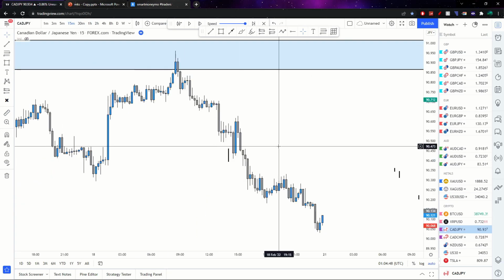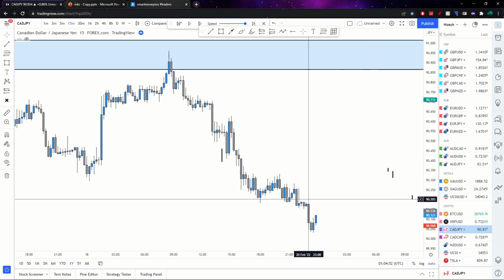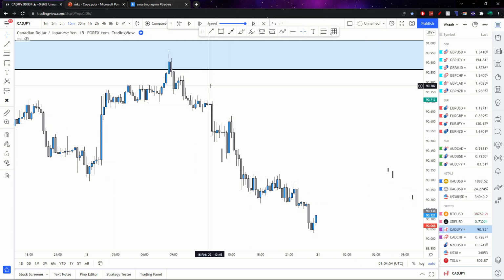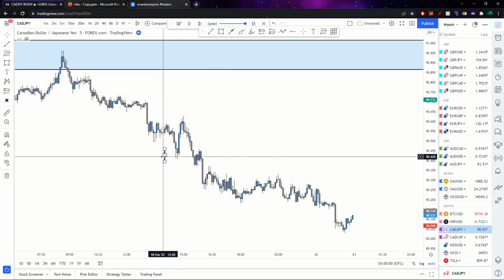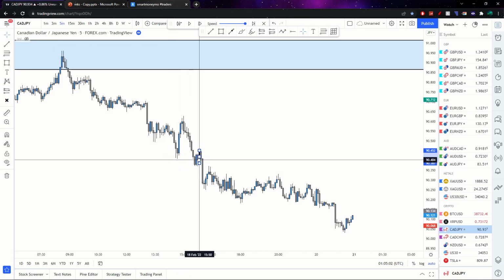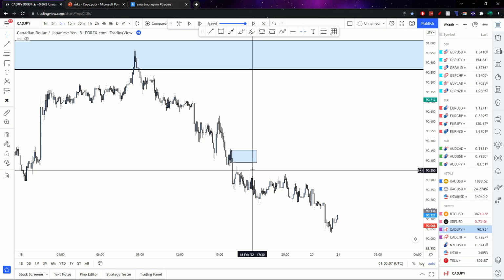So if we head on to the 15-minute, right, what I'm trying to do is find a zone which I deem as valid, and it follows all the order block rules, right? And what I did was I found this really interesting zone on the 5-minute time frame, right? So this last up move before the down move, right?